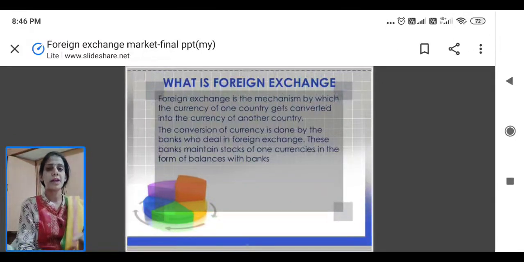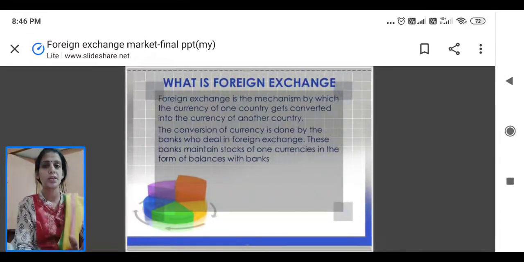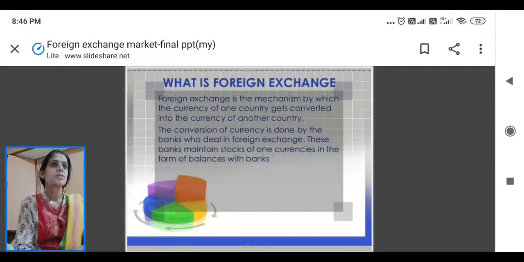So whomever you are transacting with, for example the US, American standard dollars, that is USD. And if you are dealing with the UK, that is pounds, and the symbol for pounds is £. So you are going to exchange pounds and dollars with Indian rupees. The conversion of currency is done by the banks who deal in foreign exchange.